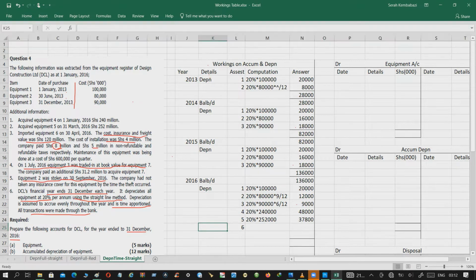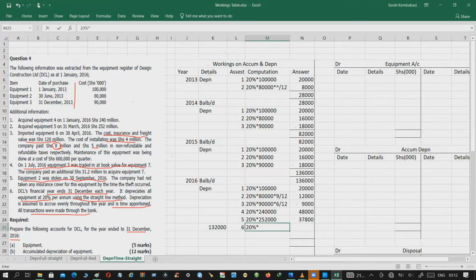So we are going to add on only the non-refundable because it's money that we can't claim back. Maintenance and equipment, no. So we get the 120 plus the 4 plus the 8 that we cannot get back, giving us a total of 132. So that is the new cost of that item.